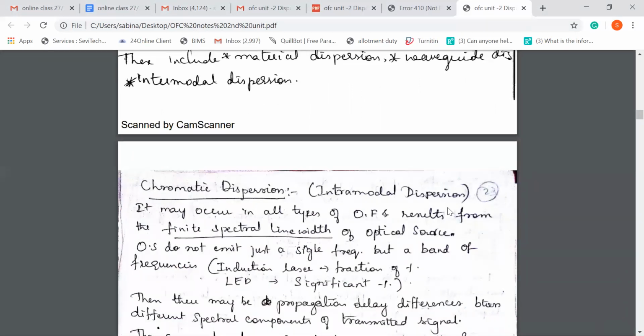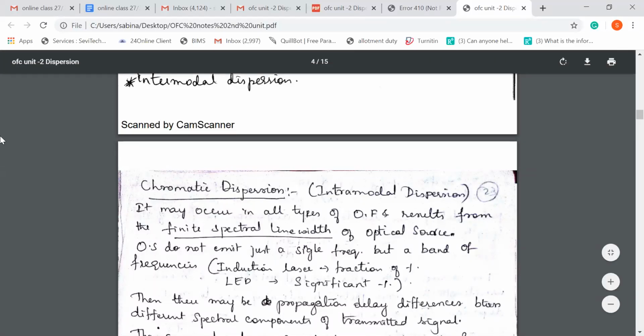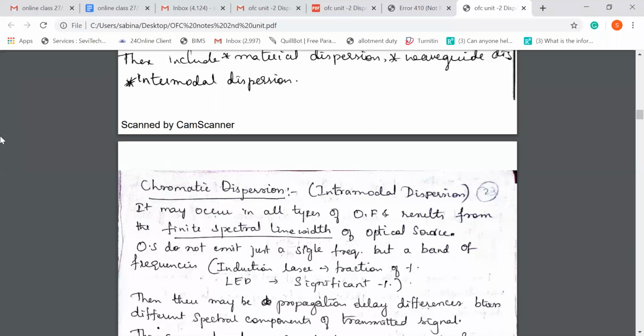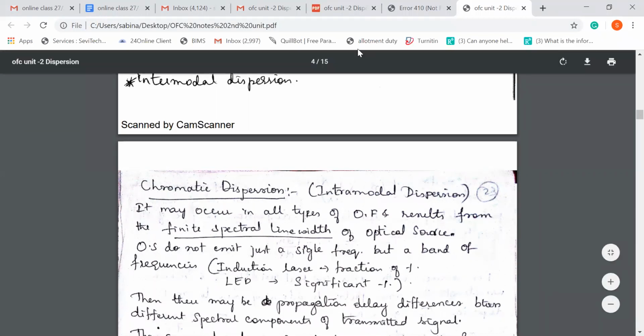It will be there for all optical fiber. Why is it happening? When we use a laser source, that optical source will not transmit only one frequency. Your spectral input will be like this.